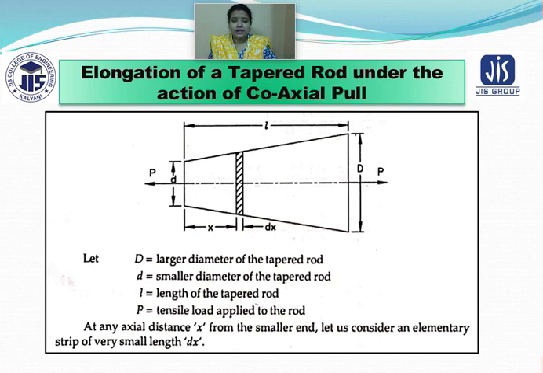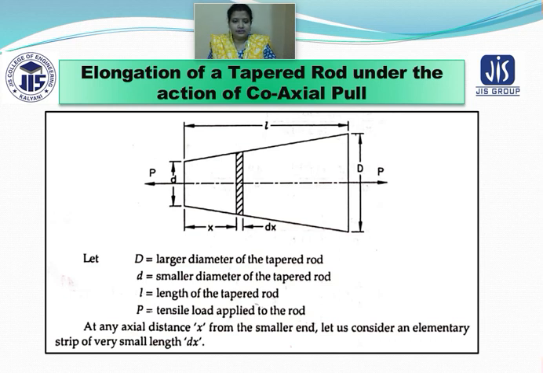Coaxial means the load is applied through the axis of that particular object, or of that taper round bar, or it can be anything. Coaxial means the load is always applied through the axis.